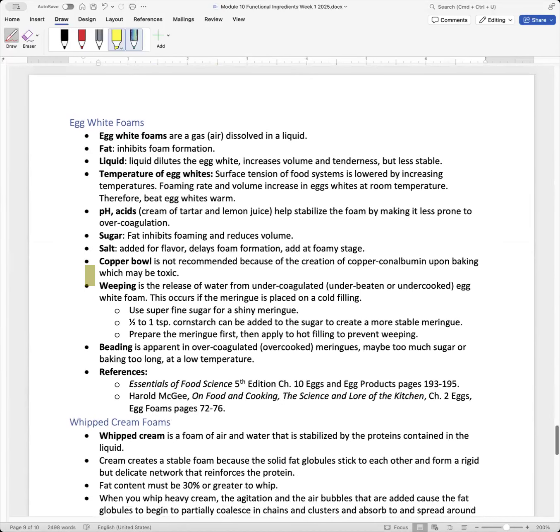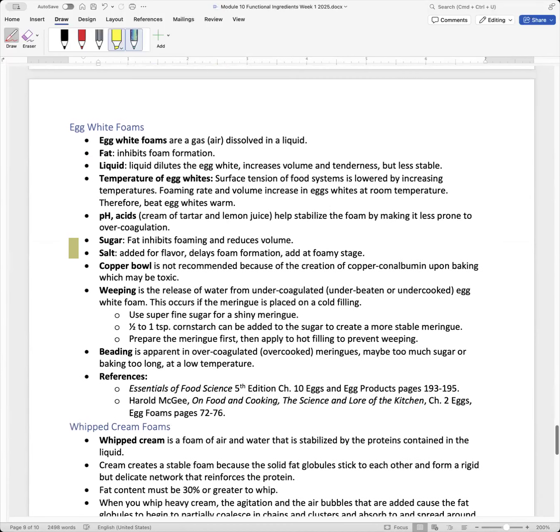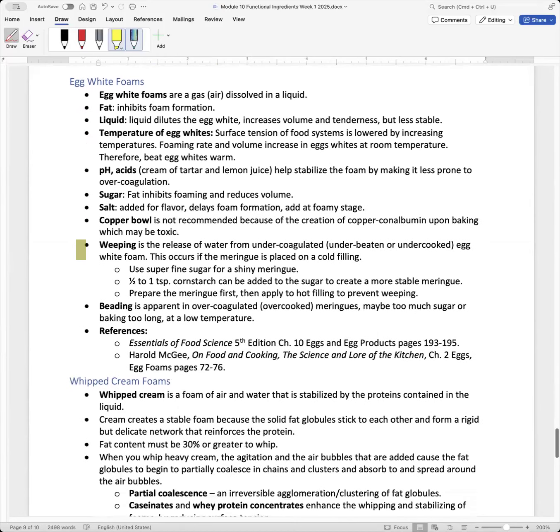And then egg white foams. We all know that egg whites are whipped warm, and cream is whipped cold. Cream cold, whites warm, to get maximum volume.